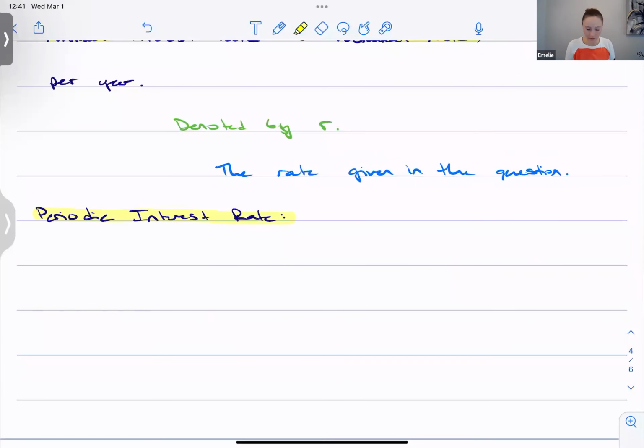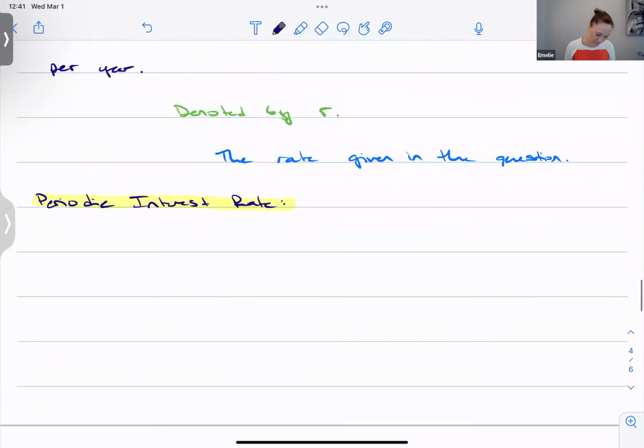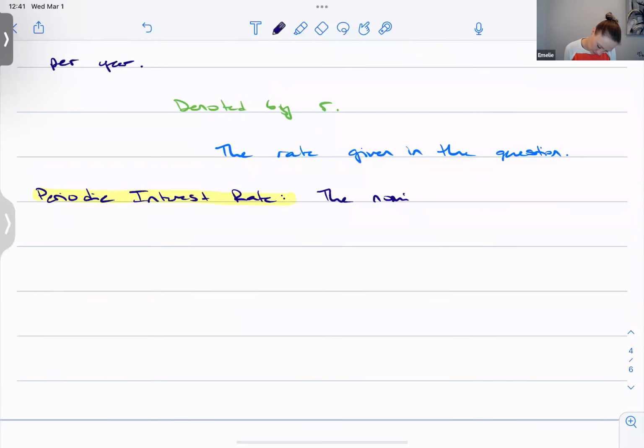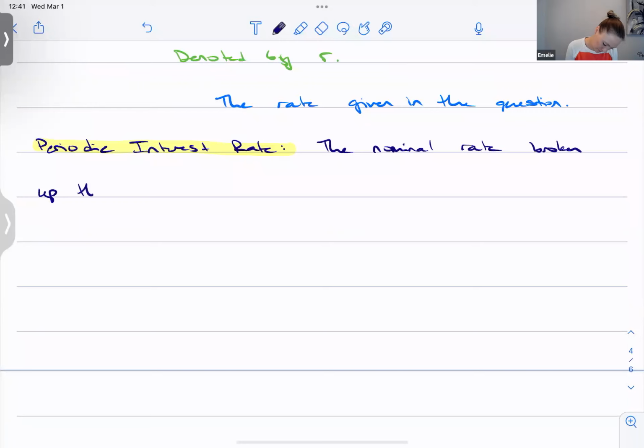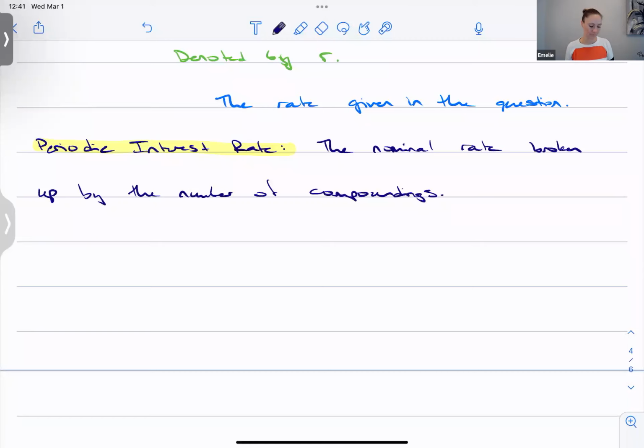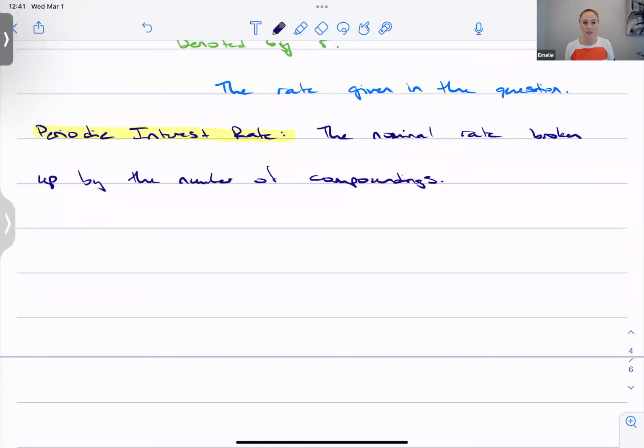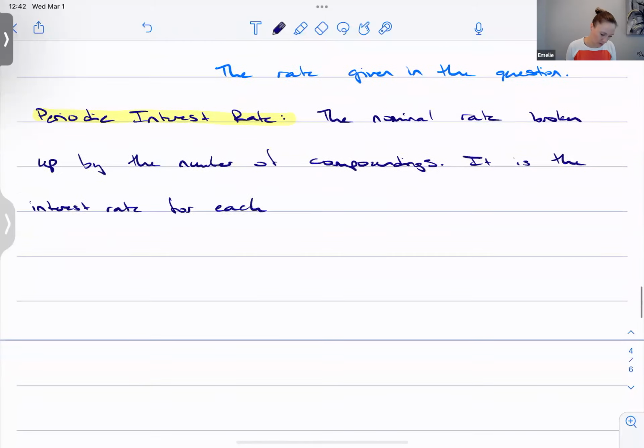The periodic interest rate is the nominal rate broken up by the number of compoundings, which means that it's the interest rate for each compounding period.